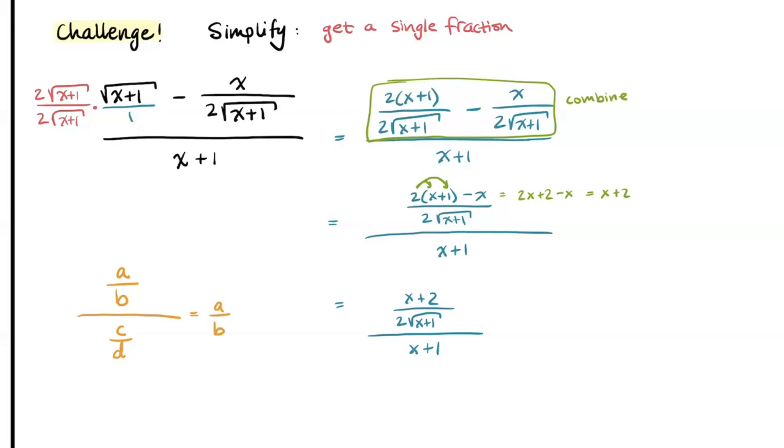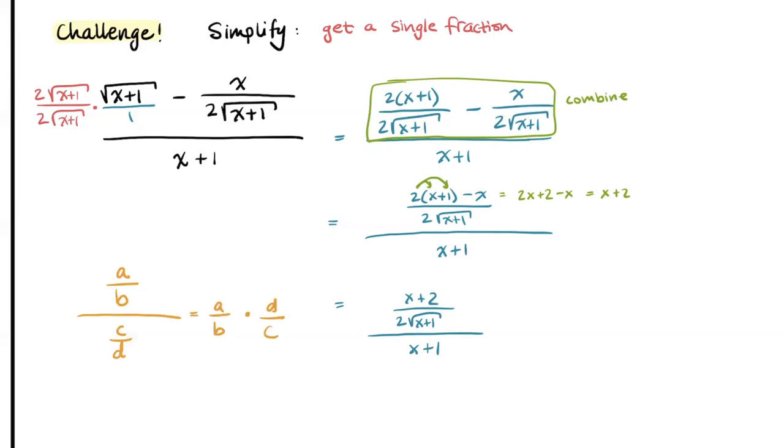Then we change the big divide to multiply. And then we flip the denominator one. So instead of C over D, we flip those and it will become D over C. Okay, so this is like keep, change, flip, if you learned it this way.